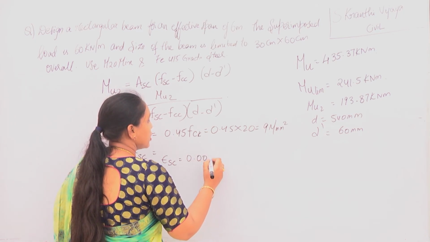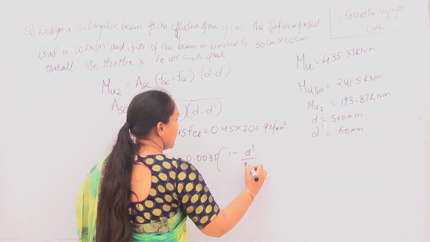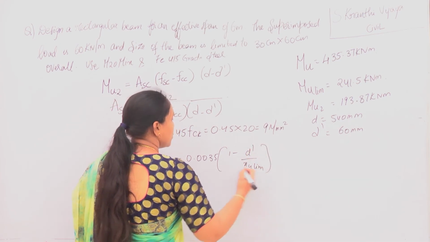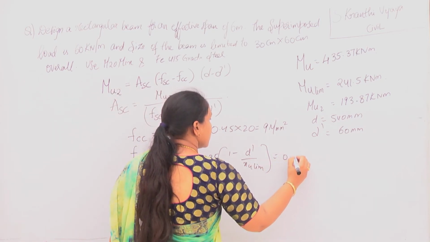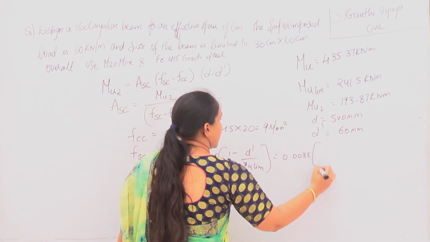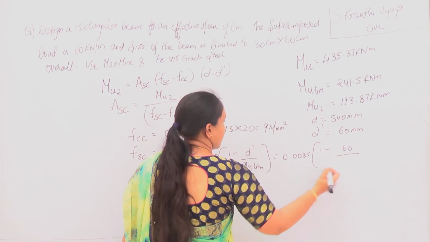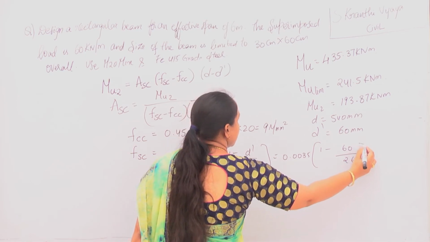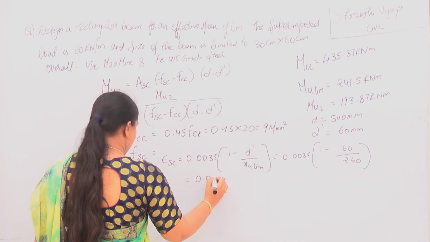By using the formula 0.0035 into (1 minus d dash by xu limit). Substitute here: 0.0035 into (1 minus 60 divided by xu limit, which you calculated previously as 260).